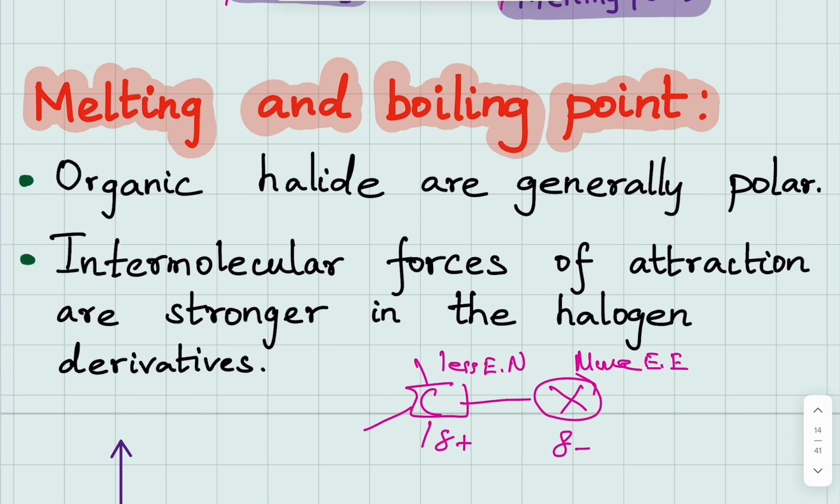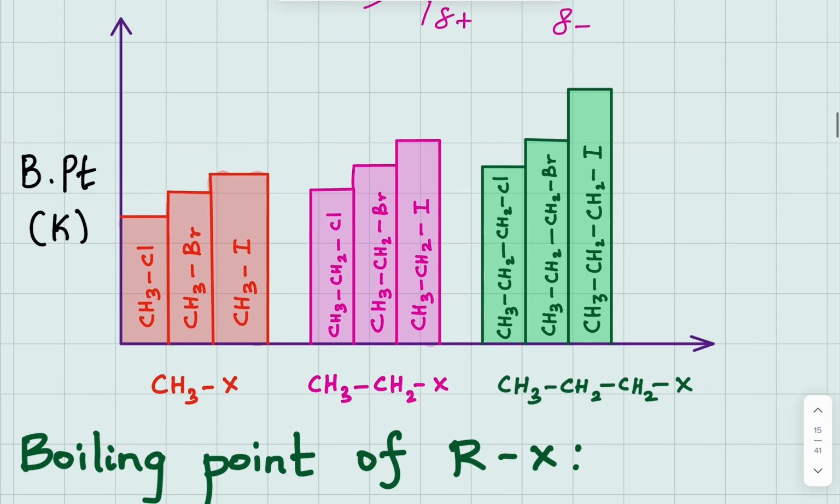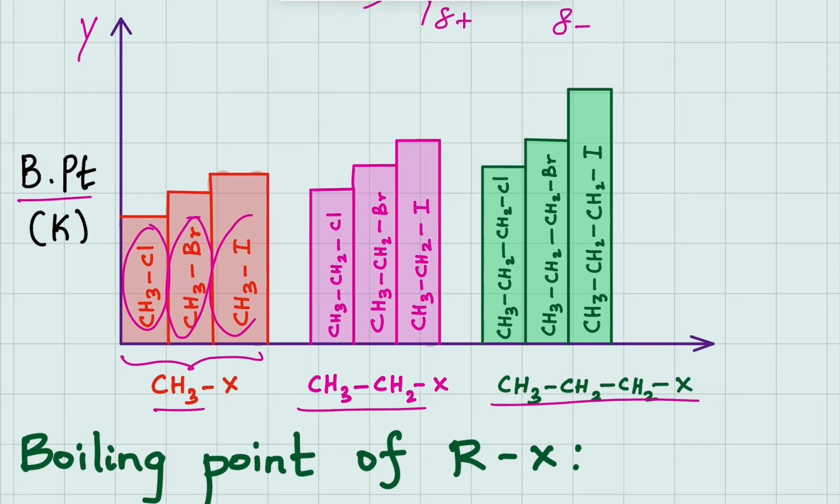In this bar diagram, I am showing the relation between the alkyl halide and the boiling point. On the y-axis I take the boiling point, and on the x-axis I take the alkyl halide derivatives. In the first set I have methyl chloride, methyl bromide, and methyl iodide.